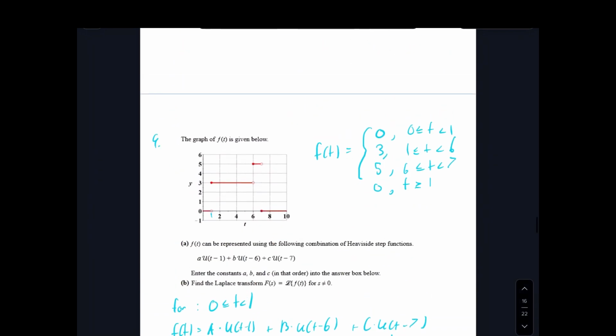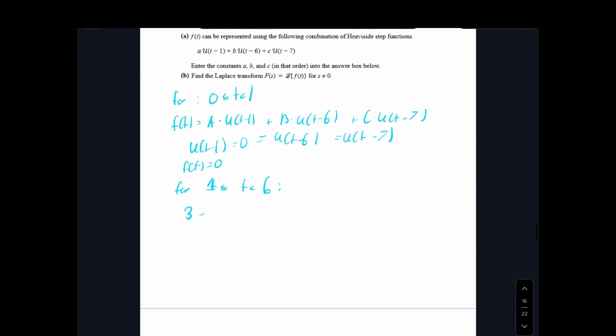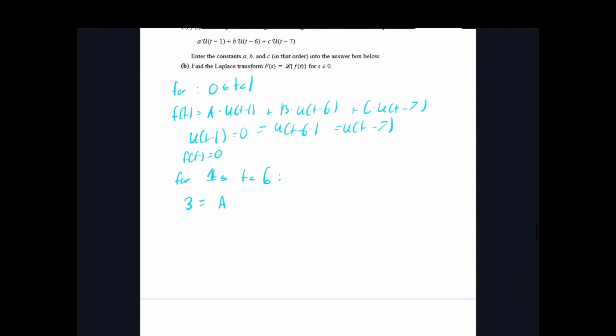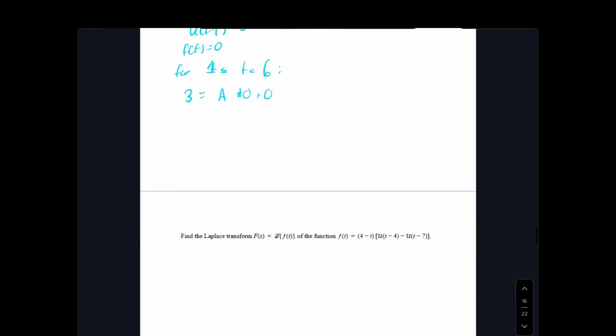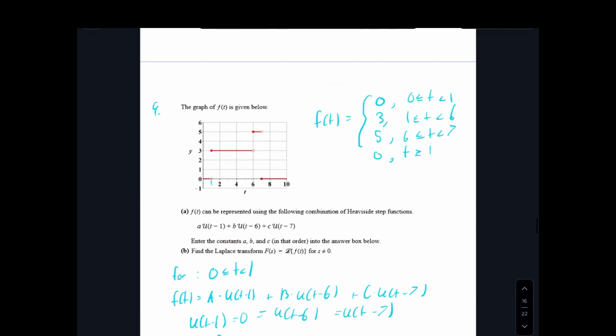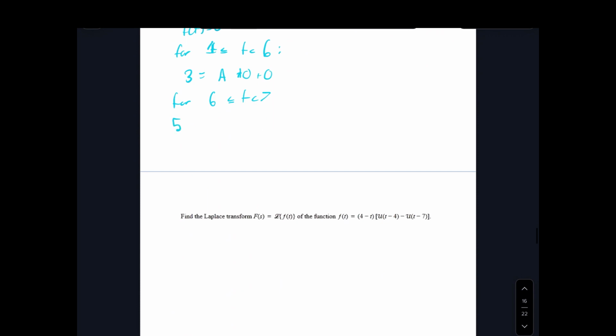So now I have f at t equals 3, so 3 equals a plus 0, and now we know a equals 3. Now for the third one, 6 is less than or equal to t is less than 7. My 6 is now satisfied, my 7 is not, and f at t equals 5. So I have 5 equals 3 times 1 plus b times 1 plus 0, and so my b equals 2.